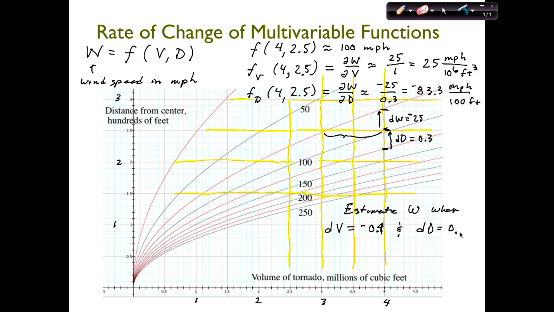That's what I want. So two changes occur. The volume of the tornado goes down by negative 0.4 million cubic feet, and the distance from the center goes up 0.1 feet. Excuse me, 0.100 feet. Estimate what the new value of the wind speed is. So wait, now, so the distance went down? No, the volume went down, negative 0.4. The distance went up, 0.1.